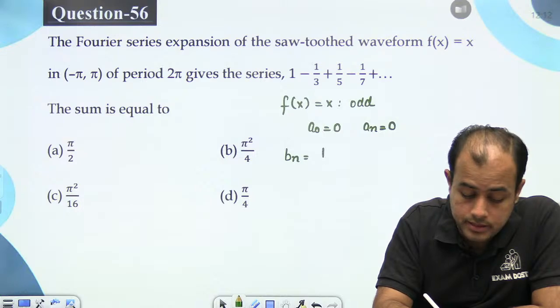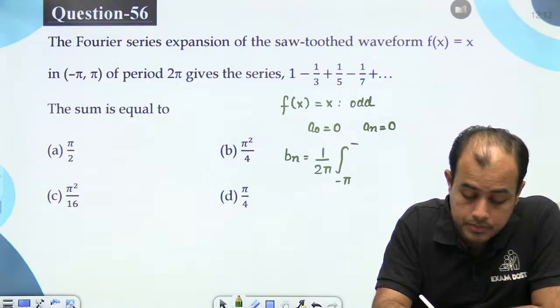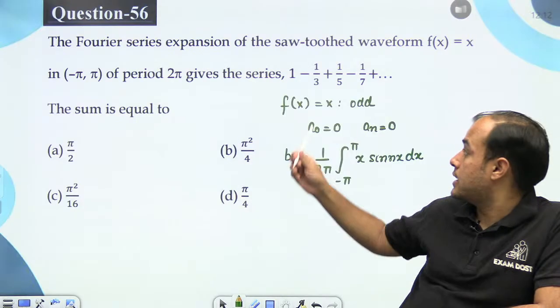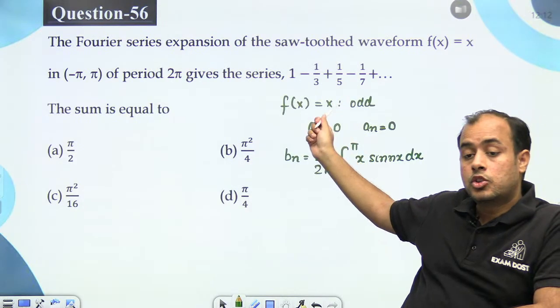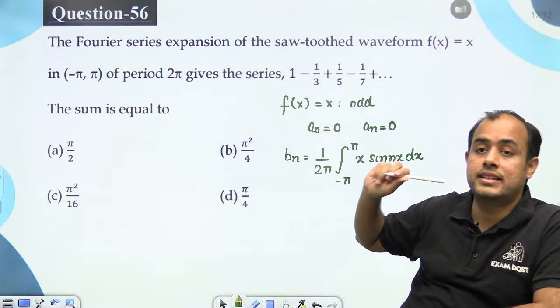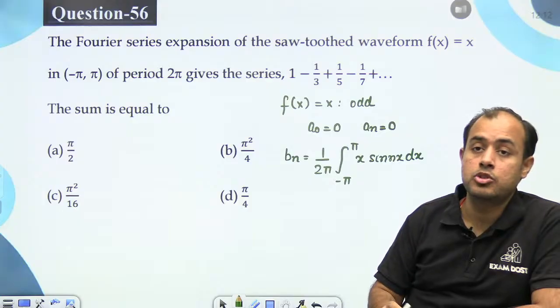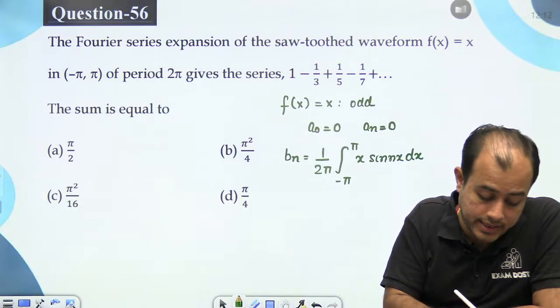So what about bn? Period is 1 by 2 pi. x sin nx. Now it is asking the sum of the series. So somehow I have to get this series from the Fourier series.